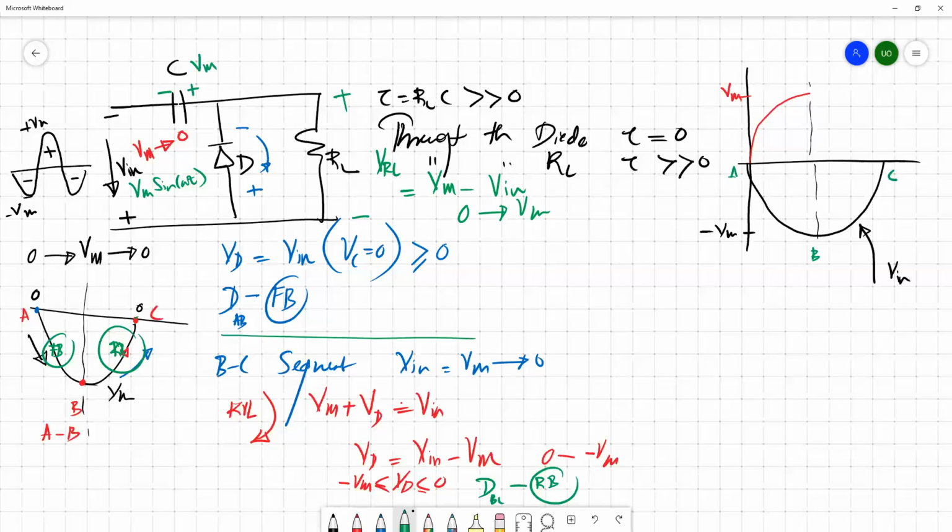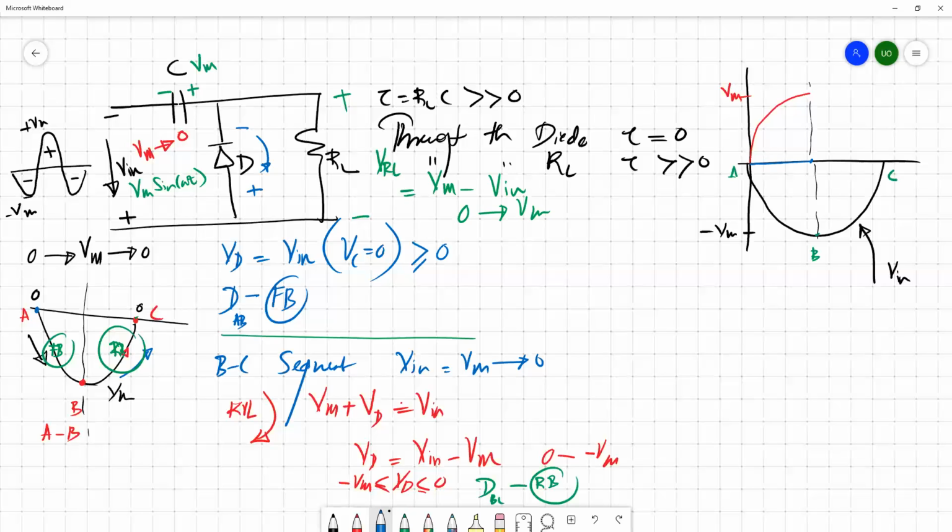So during this block, we have the capacitor charged to 0. So this is a short circuit. So then during this block, it's something like that.